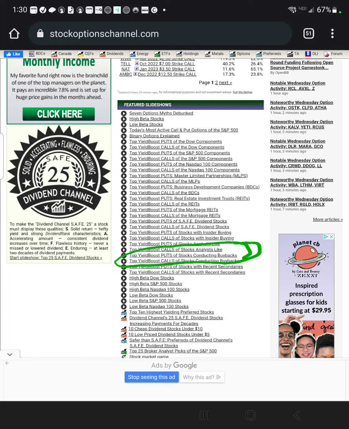So these are companies that have announced that they're going to do a buyback, and when a company does a buyback, the stock price typically goes up. So if you were to sell a put contract and the stock price goes up, the further away from the strike price that you sold it, the more money you're going to make off of it. So let's say the strike price is $10, right?